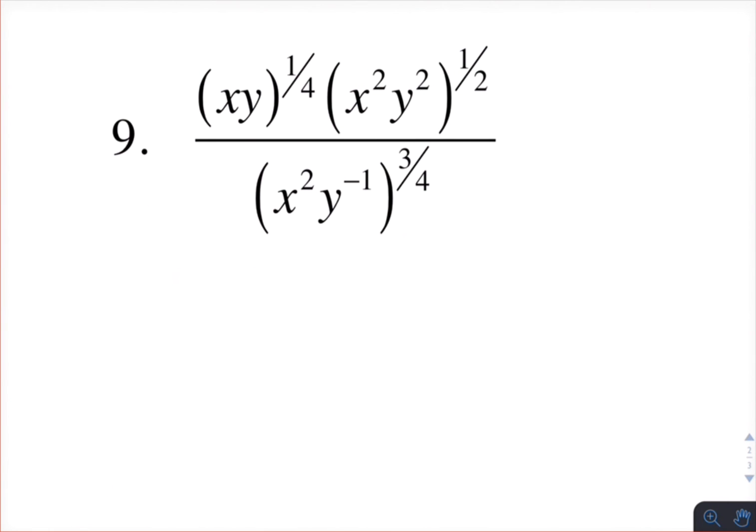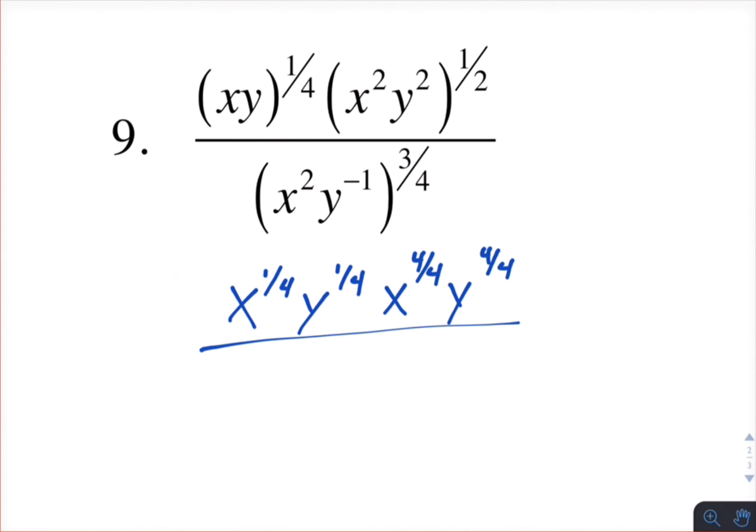And then x to the 1/4, y to the 1/4, x. And what I'm going to do is put everything in fourths, just so we have a common denominator for everything. So this is going to be x to the 6/4. So even though a lot of these fractions simplify, I just recognized early on that we were going to have a 4 in the denominator of all the exponents, and that's negative 3/4.